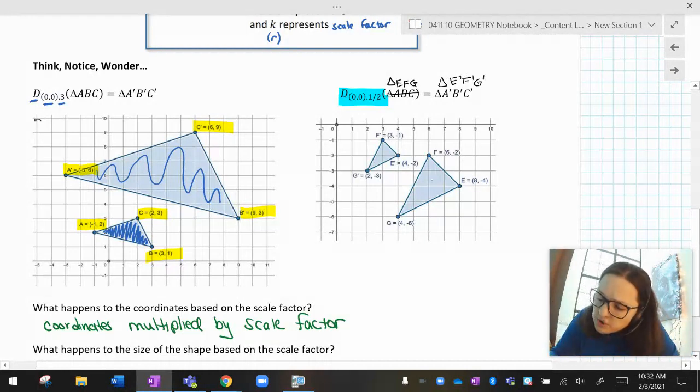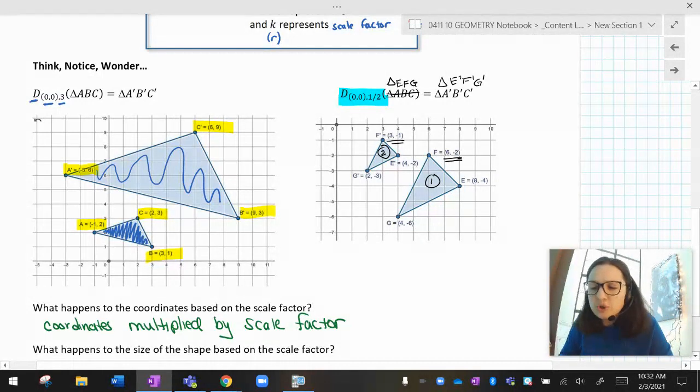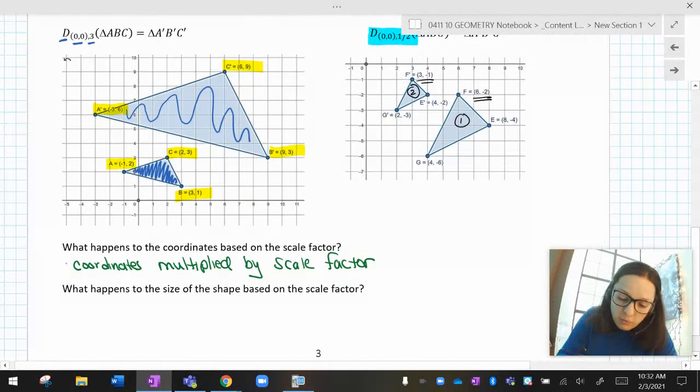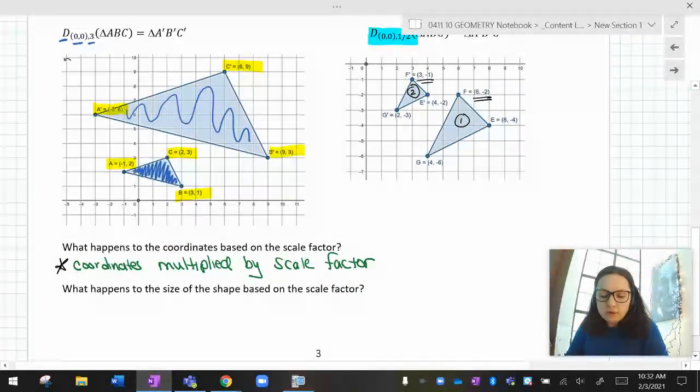So that means I started with this one, and then it became that one. (6, -2) became (3, -1). Did I multiply 6 and 2 by a half? Yeah, I did. (8, -4) became (4, -2). 8 times a half is 4. Negative 4 times a half is negative 2. Yeah, we multiplied the coordinates by the scale factor.